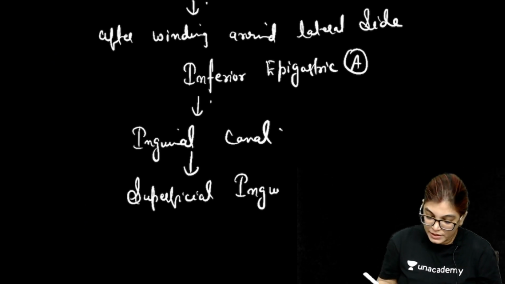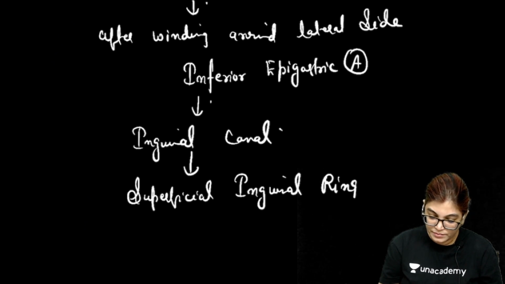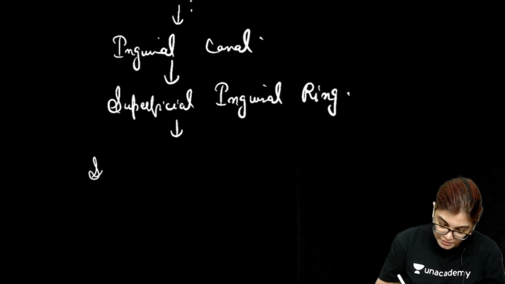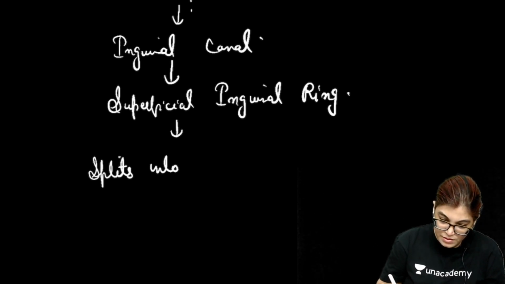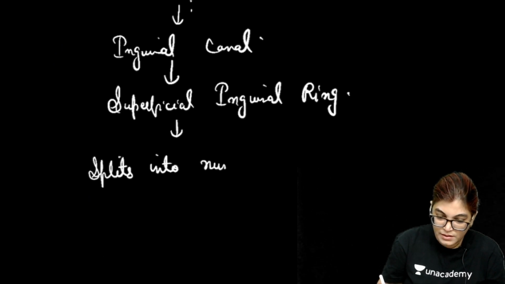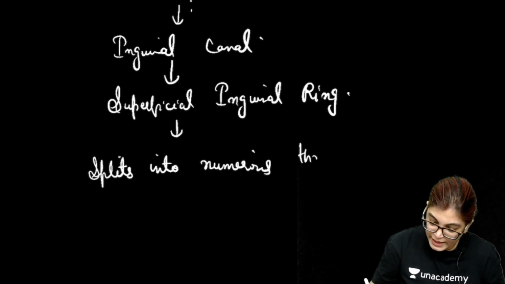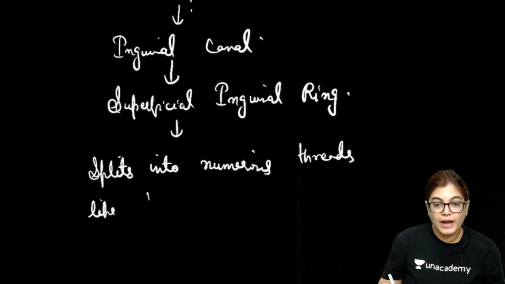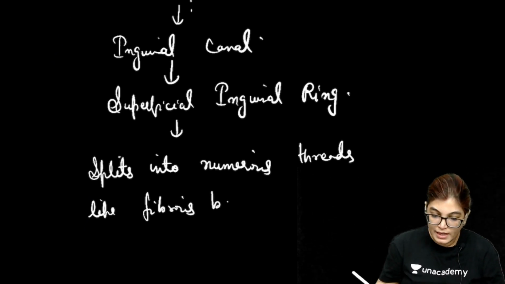Then it splits into numerous thread-like structures, a fibrous band, which is merging with the labia majora.